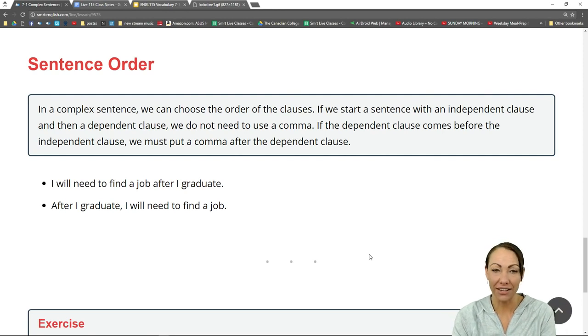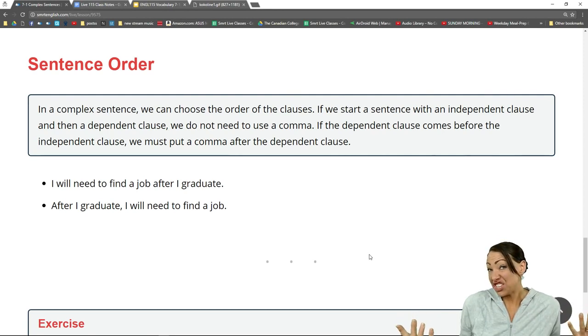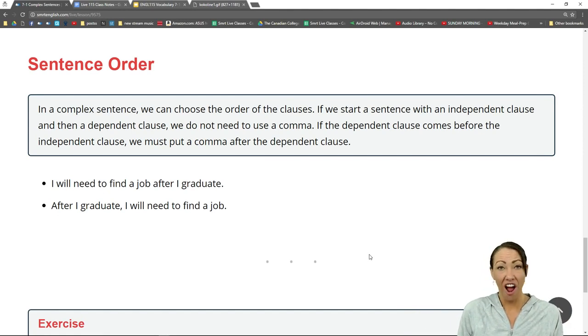In a complex sentence, we have a choice. We can choose the order of our clauses. Here's what we need to know, though. If we start a sentence with an independent clause, the part that can stand alone, and then a dependent clause, we don't need a comma.